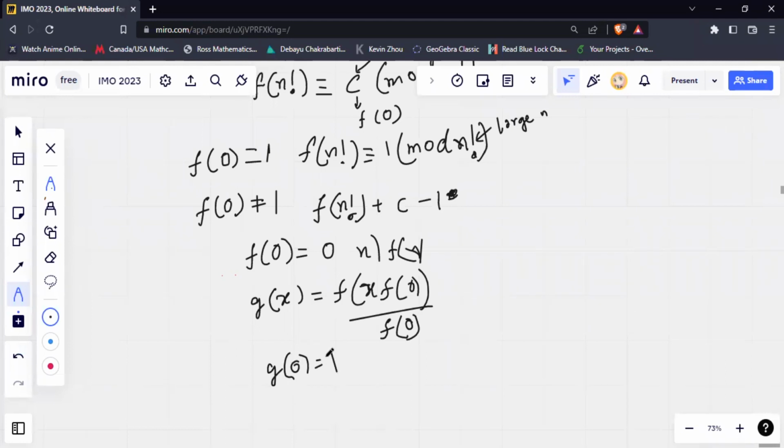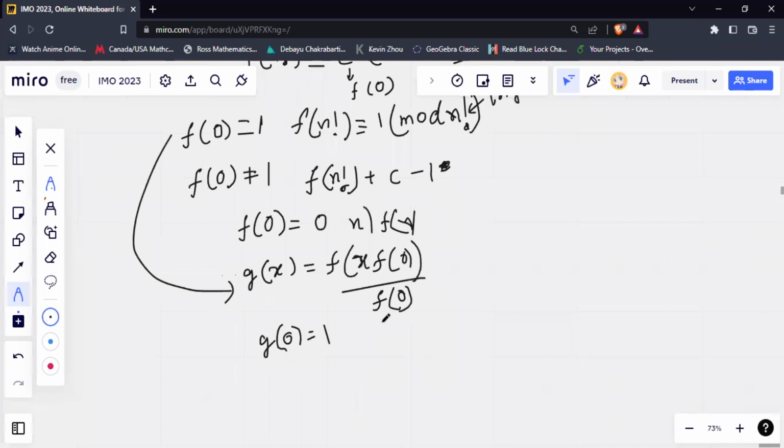Do you see why? Yes. And now you apply this to this. This means G has infinitely many primes. F of 0 is a constant, so F has infinitely many primes. Very good. How nice is that?